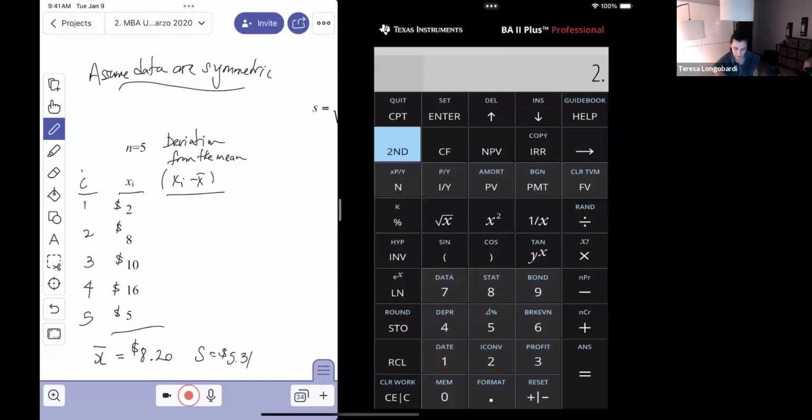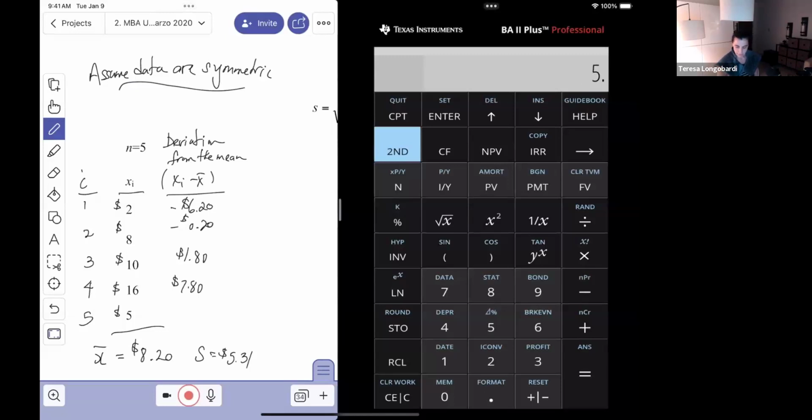So $2 minus $8.20 is negative $6.20. $8 minus $8.20 is negative 20 cents. $10 minus $8.20 is $1.80. $16 minus $8.20 is $7.80.